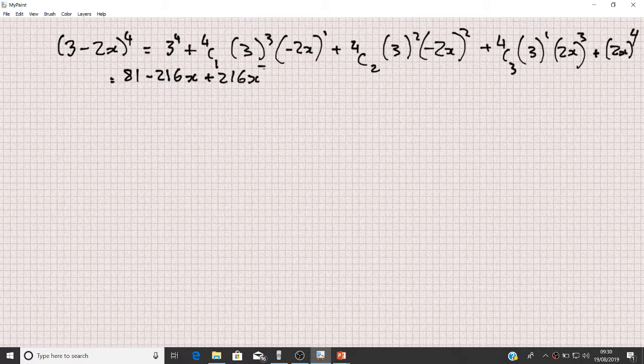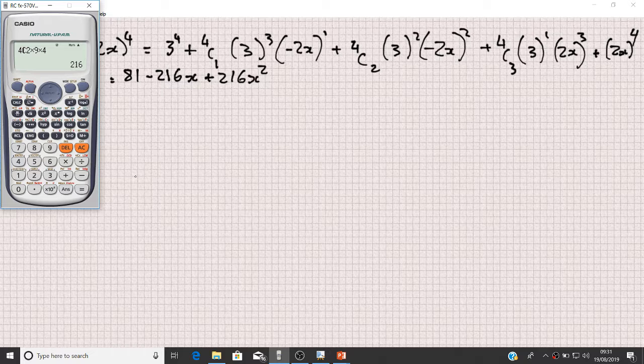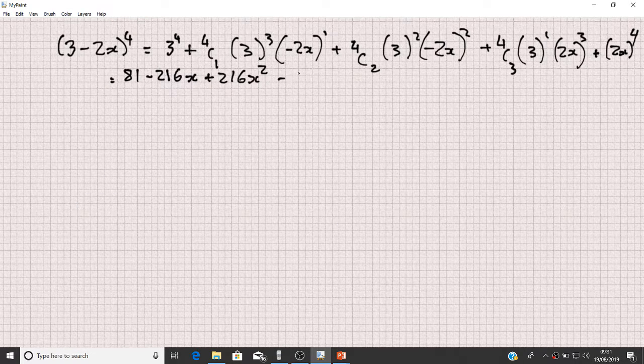x squared. Now for the x cubed term, we're going to have 4C3, we maybe just edit this one. 4C3, and it's times 3 and it's times negative 2 to the power of 3, so that's times negative 8, which is minus 96 x cubed.